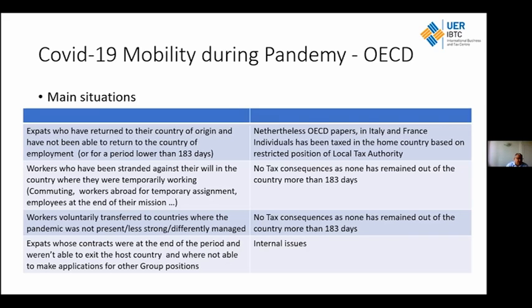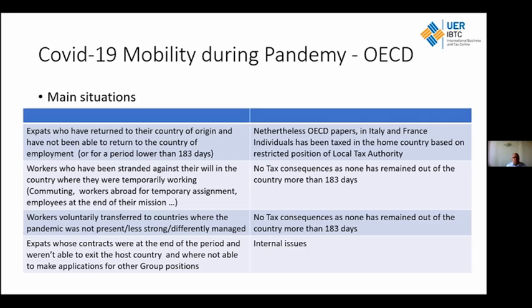Then there are workers that have been temporarily in another country because they couldn't come back, but in this case we have no consequence because in any case we have people that stay outside more than 183 days. We have people that moved from Italy because at the beginning of the pandemic, Italy was one of the countries that was most affected.